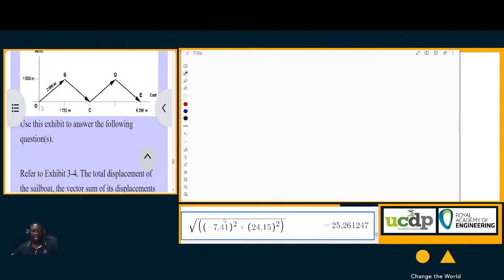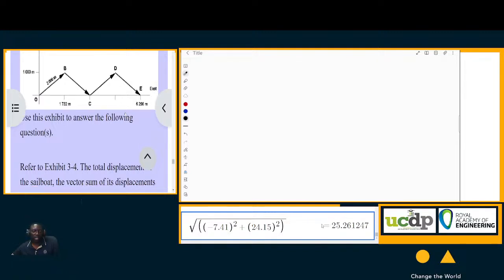So we have the boat moving from O to B, that is in the direction, I think, northeast at an angle though. Then from B to C, that would be southeast. Then from C to D, northeast, and then southeast. And at the end of the day, we find it at point E.